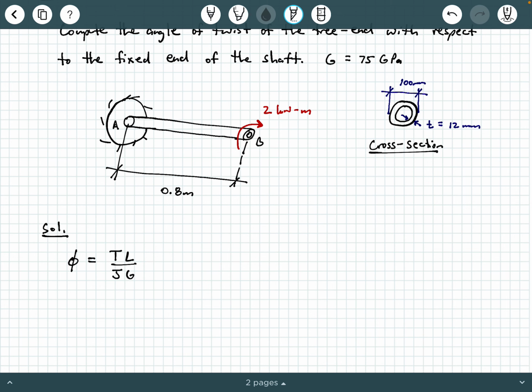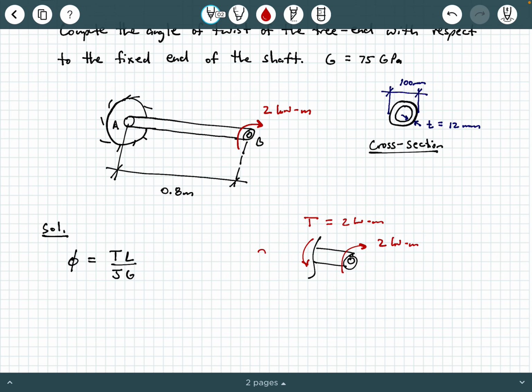We also know that the internal torque moment at any point inside of the shaft is just going to be 2 kilonewton meters. We can prove that by drawing a free body diagram of the shaft using method of sections. At the free end of the shaft, we've got this 2 kilonewton meters, and internally the torque T must equal 2 kilonewton meters going in the opposite direction.